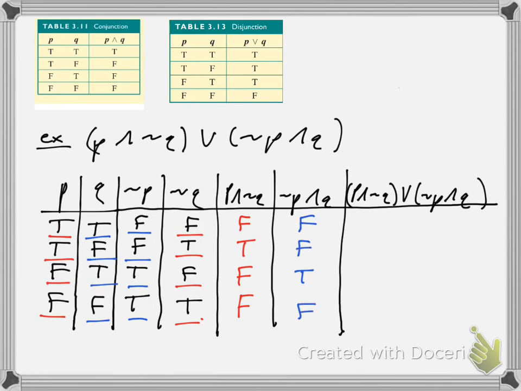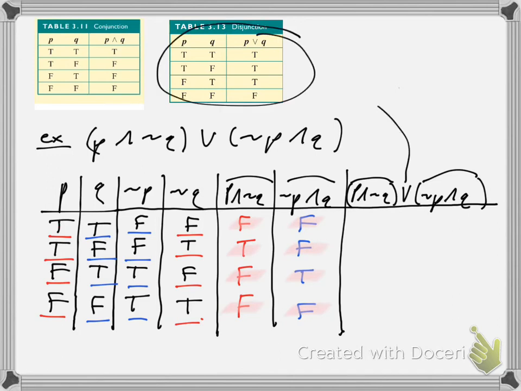So now I'm comparing these columns, because I'm doing the final statement, which is this beast or this beast. So I'm doing this or this. I'm actually using the disjunction table because I'm using an or symbol.